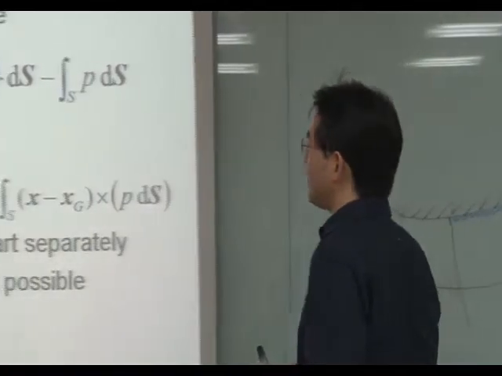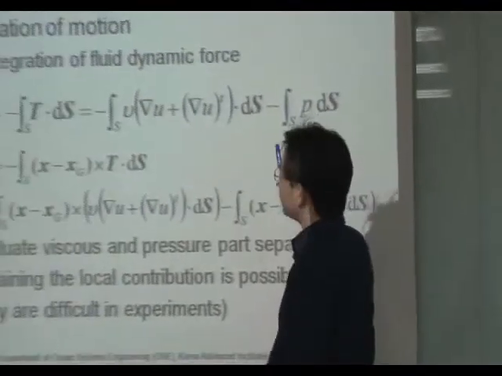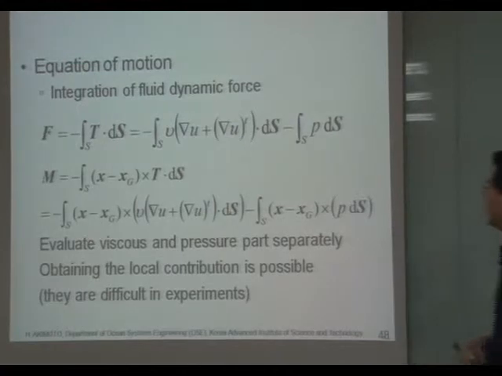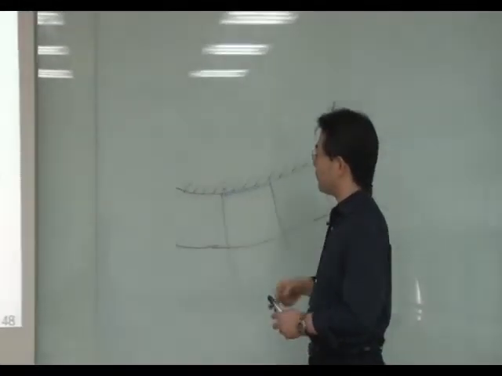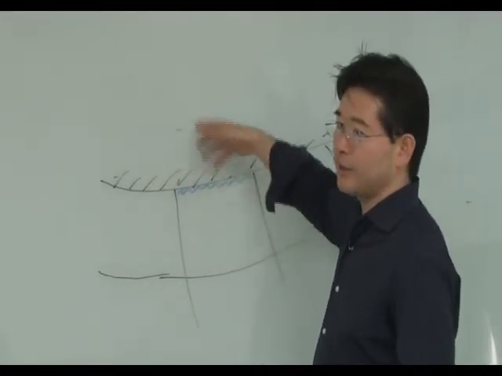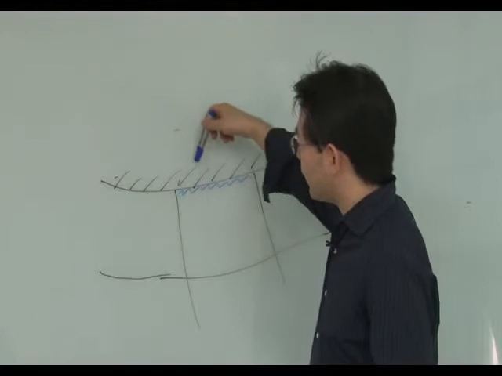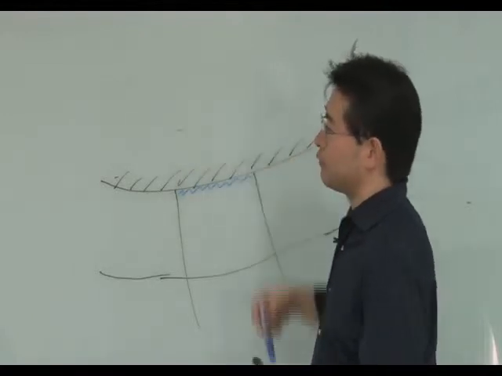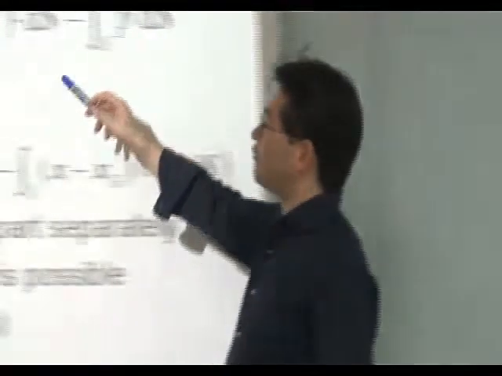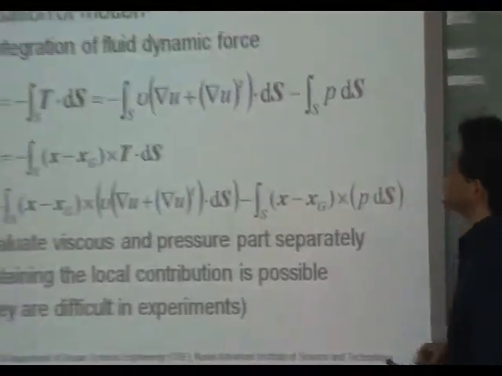In the Navier-Stokes equation, there is another term, the convection term. But we do not require the convection term in this consideration because there is no exchange of mass crossing this body surface. So we can consider only the diffusion term and pressure term.